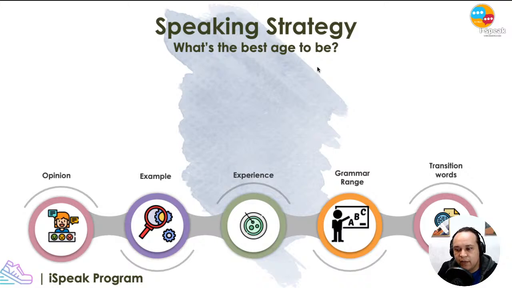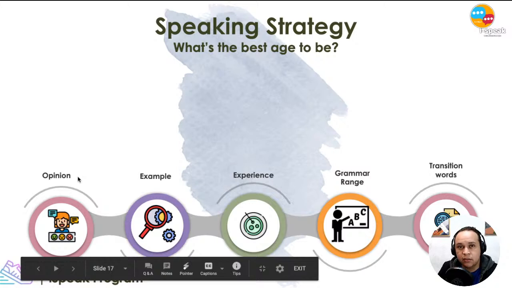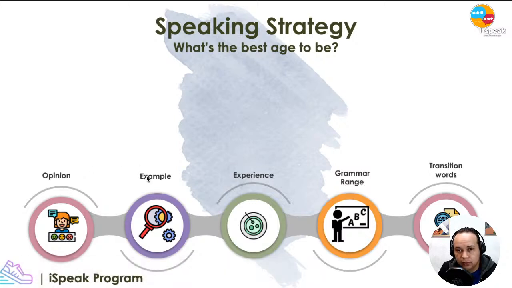What's going to be the way for you to develop this answer? As we recently talked about, opinion, example, experience, grammar range, and transition words. All right, I got an example for you, and let's see.